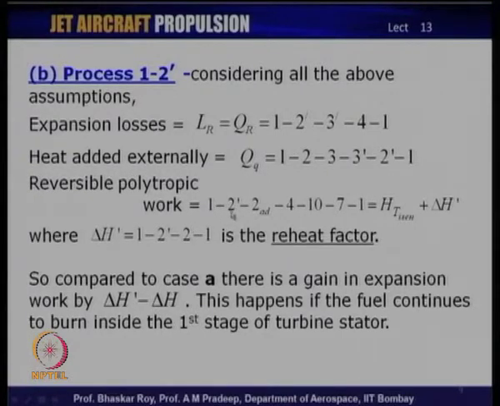Hence the reversible polytropic work can now be written in terms of 1 2 prime, 2 prime adiabatic, 4, 10, 7, 1, as we had done before, and that will be H T isentropic plus delta H prime.